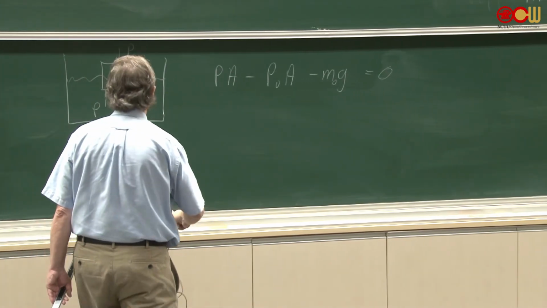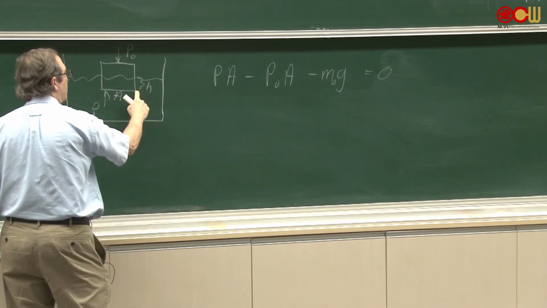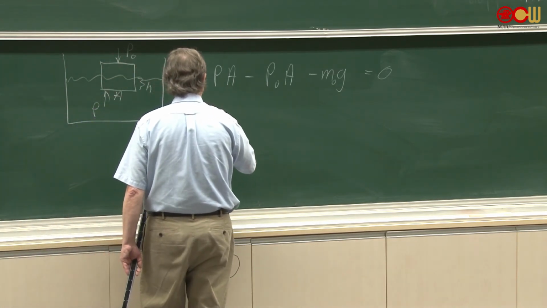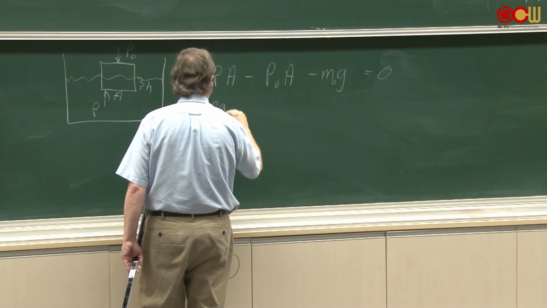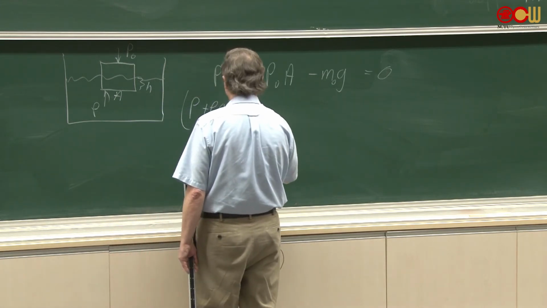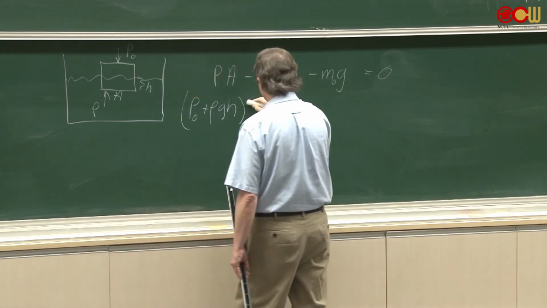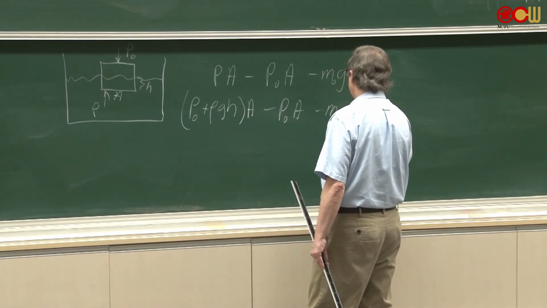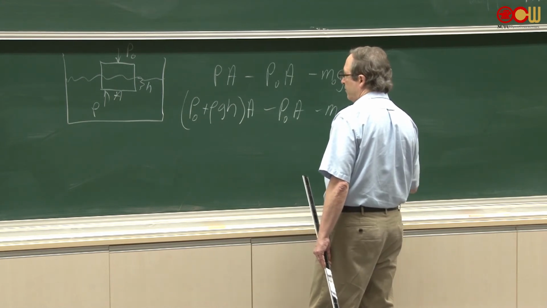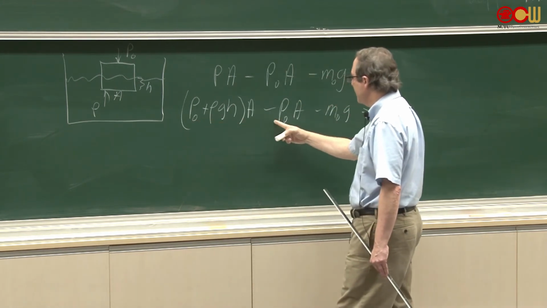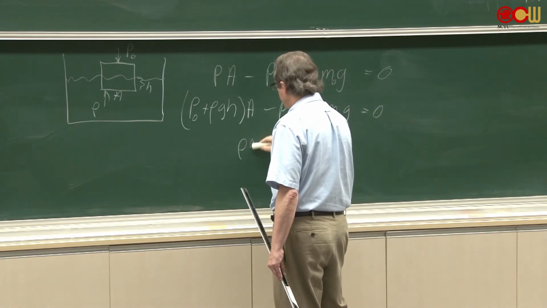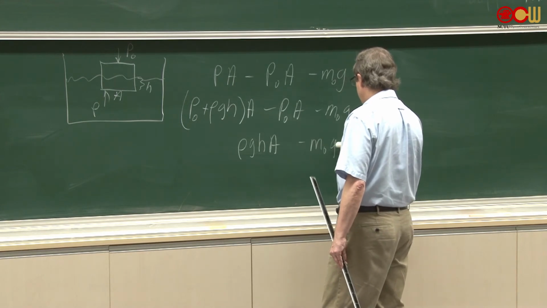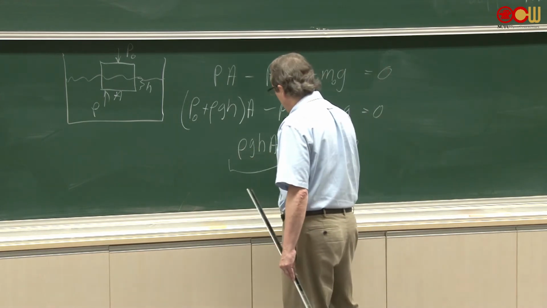But we know that the pressure over here is just equal to P0 plus rho g h. So this is P0 plus rho g h times A minus P0A minus m0 g. P0 times A cancels, so we get rho g h A. So here again is our buoyant force.